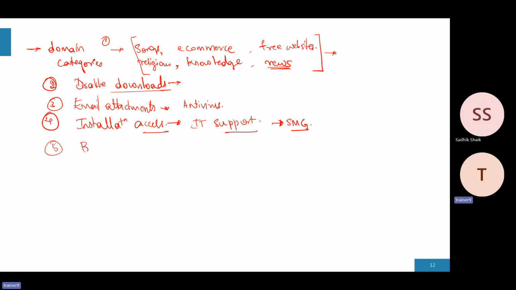Now, for the browsers, you will disable all your add-ins, like the Chrome extensions. You will not allow them.